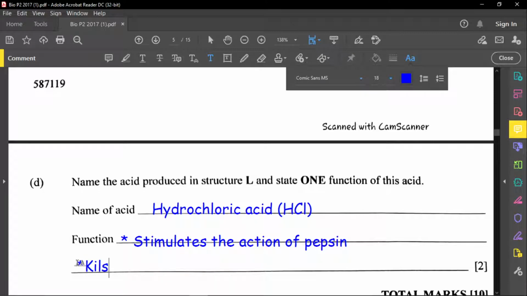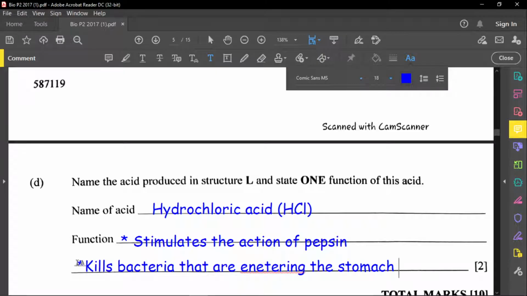So it kills bacteria that are entering the stomach. All right.